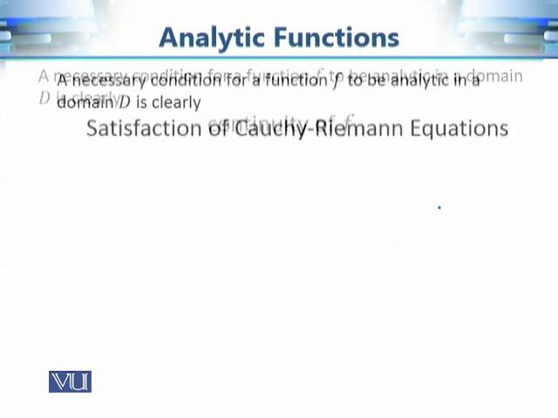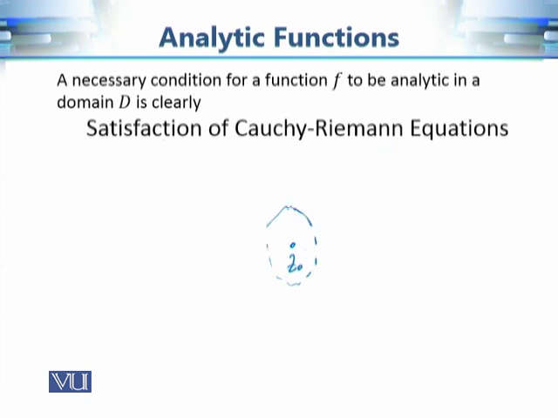Now another necessary condition is satisfaction of the Cauchy-Riemann equations, and once again it's a necessary condition, not a sufficient condition. In other words, if a function satisfies the CR equations, or Cauchy-Riemann equations, in some epsilon neighborhood, this does not imply that the function is analytic.